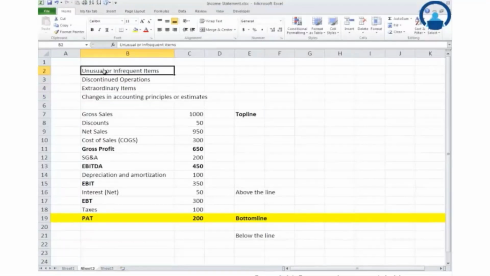The item which is described as unusual or infrequent: unusual actually means that an item possesses a high degree of abnormality, and an item which is infrequent would obviously mean that this item doesn't happen frequently and may be a non-recurring item. An example could be something like restructuring costs.